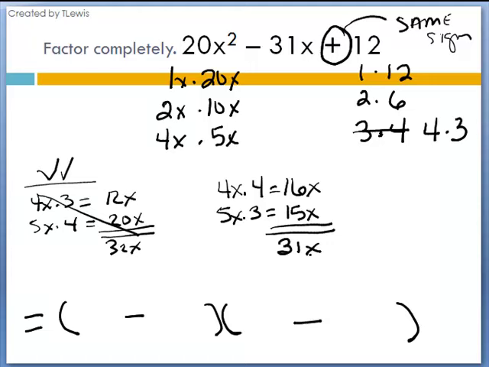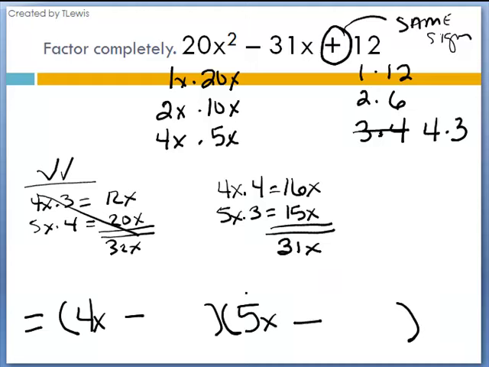Okay, so our goal is for the first term, our first factors, we're going to use 4x and 5x. So we have 4x, 5x. Now, this is where we have to be careful whenever we place the factors in for the last term. Now remember, when we multiply what's inside, think of FOIL.